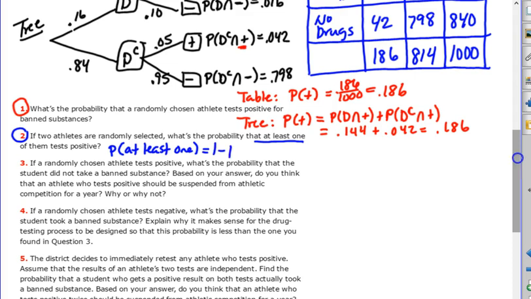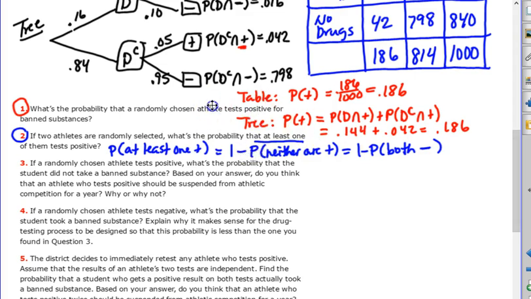This is 1 minus the probability of, and I need to actually write this, at least one positive equals 1 minus the probability that neither are positive, which would be 1 minus the probability of both negative. Okay, so what is the probability that they are both negative? Assuming that the tests are independent for each individual, and that makes sense.